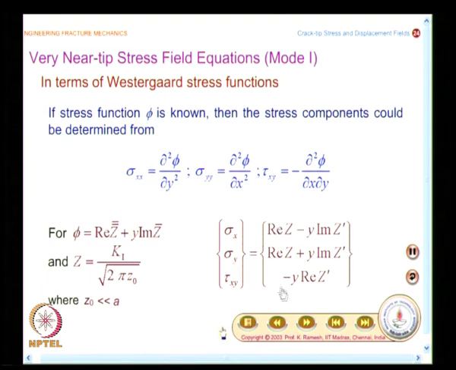This is very generic. This becomes a closed form solution or a near tip stress field solution depending on how you express capital Z. If you express it like this, this is valid only for z naught very small compared to crack length. So, that is what is emphasized here. So, you are really talking about very near tip stress field equations.